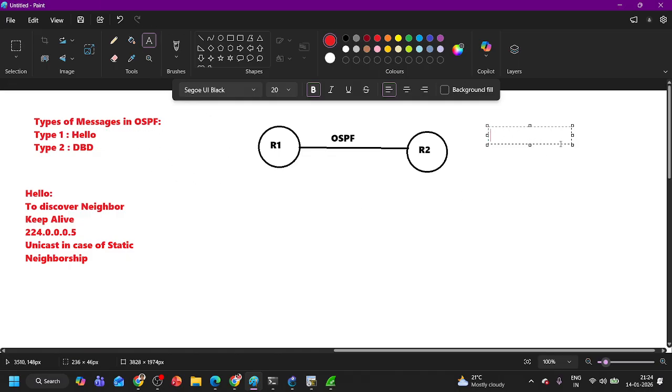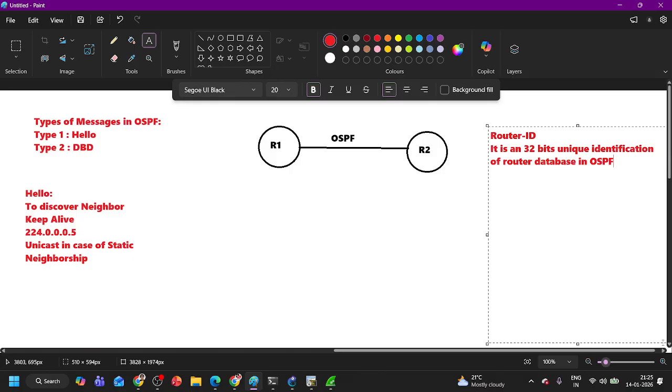What is router ID? It is a 32-bit address represented in IPv4 format. It is a 32-bit unique identification of a router's database in the OSPF domain.